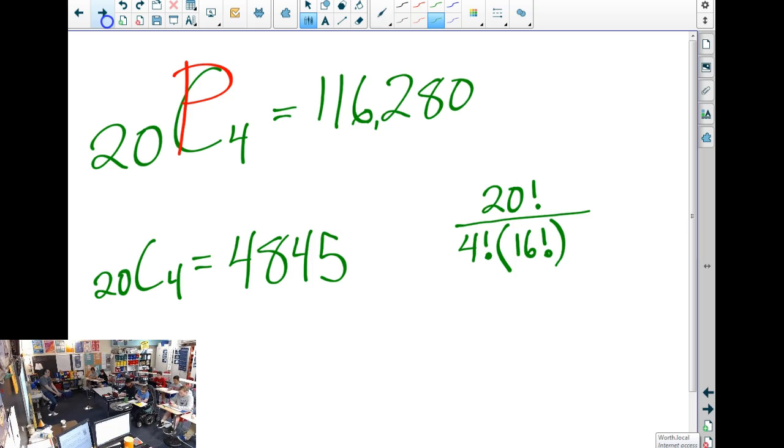Think through this for me. Not what does it calculate to, but what does it do? 20 times 19 times 18 times 17 times 16, right? It keeps going. That's right.